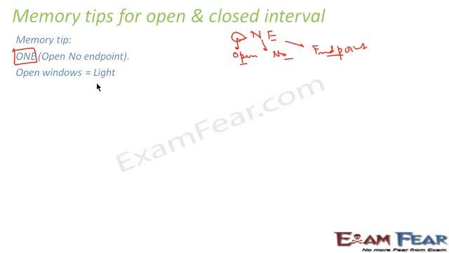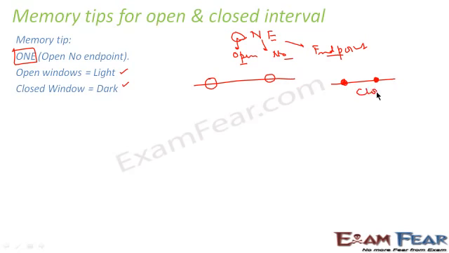Also, when you open windows, what you get is light, correct? And when you close windows, what you get is darkness. That's why when you denote an open endpoint, it is a light color, but a closed endpoint is denoted with a dark color. This is closed and this is open.